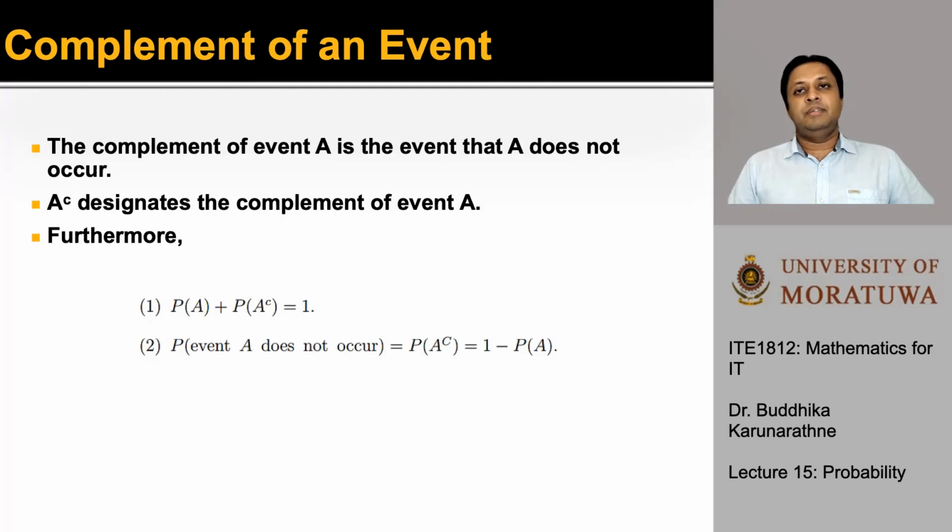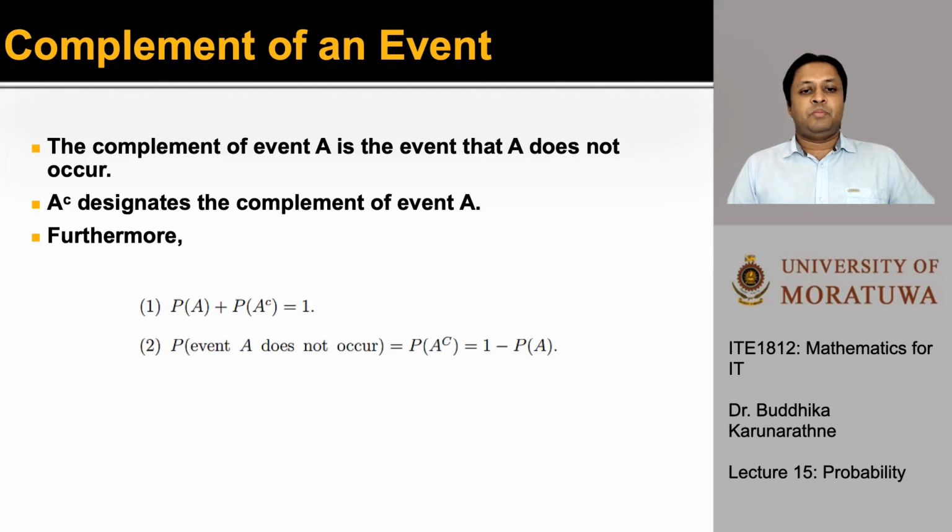We have further relationships when it comes to the complement of an event. Number one: probability of A plus probability of the complement of A is equal to 1. In general terms, the chance of a certain event happening plus the chance of it not happening should equal 1.